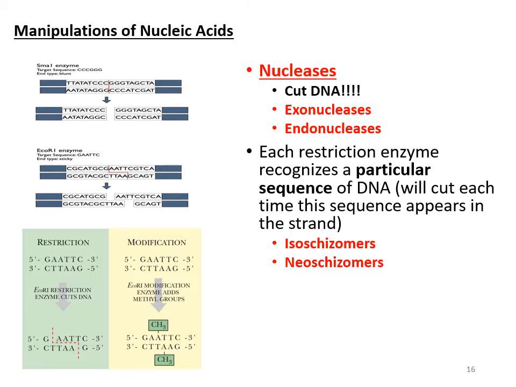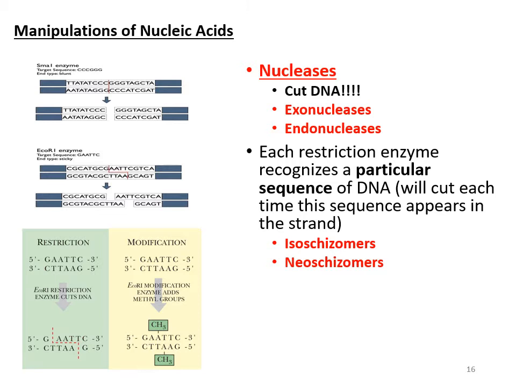So neoschizomers are 2 enzymes that will recognize the same sequence of DNA, but will cut at different spots. So they recognize the same palindrome, but will cut at different spots.